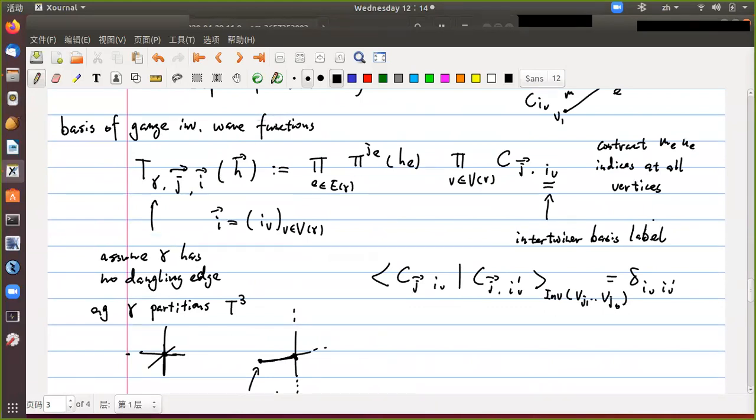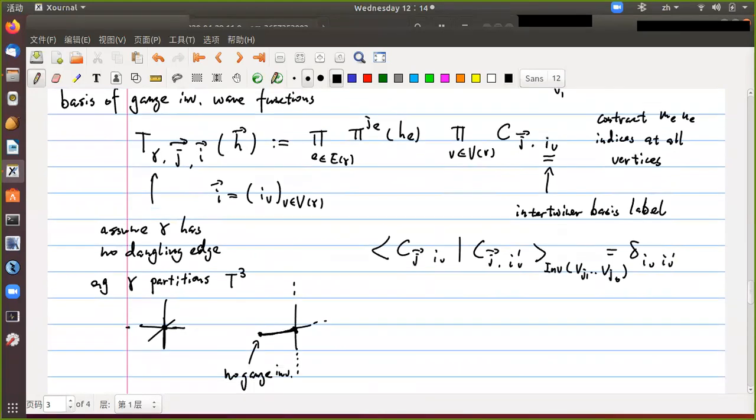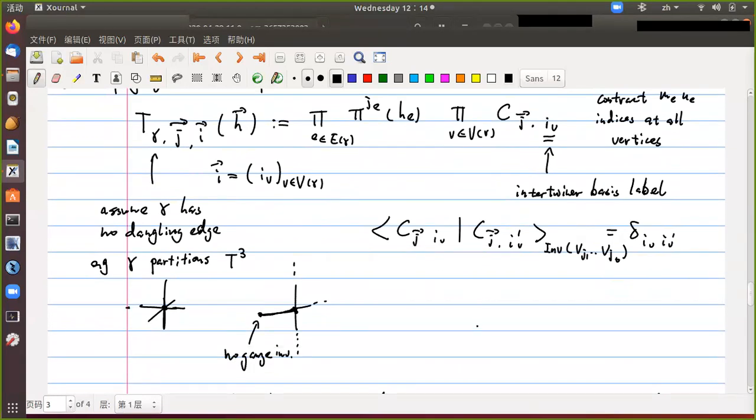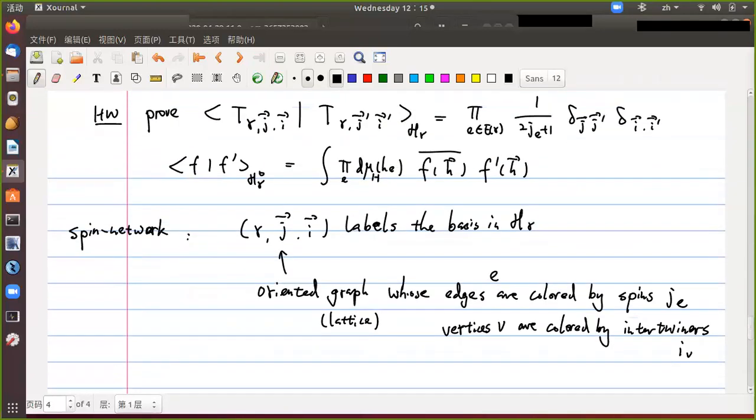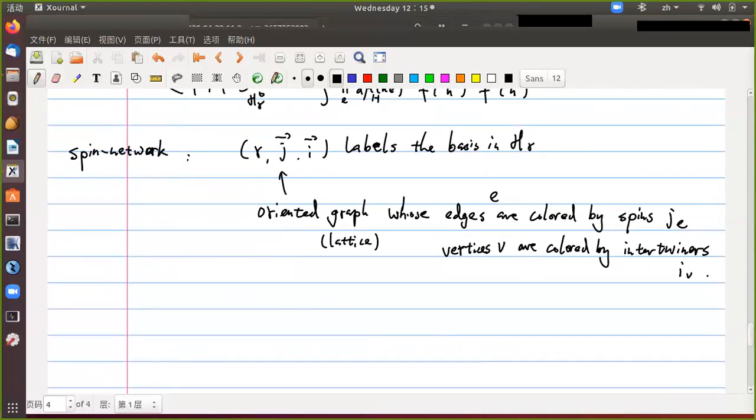You can also view I_V as an intertwiner, like in the harmonic oscillator, where n means a state but is actually just the label of the state. That's why we call I_V the intertwiner.